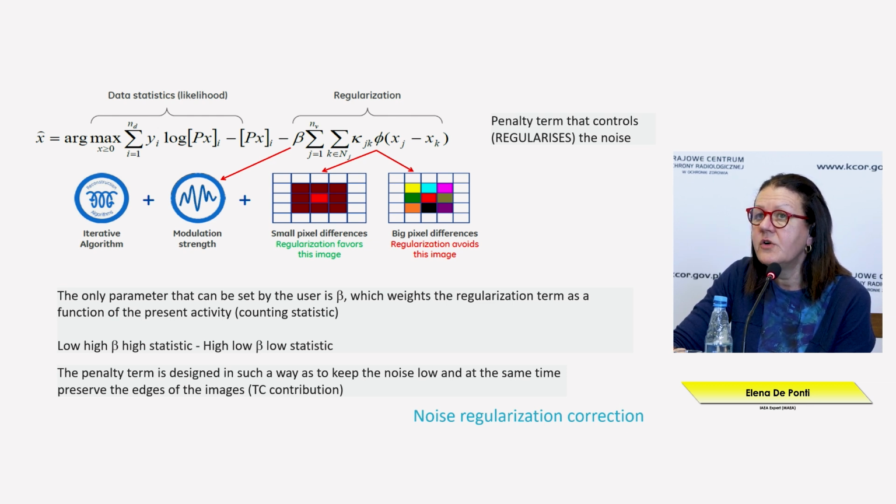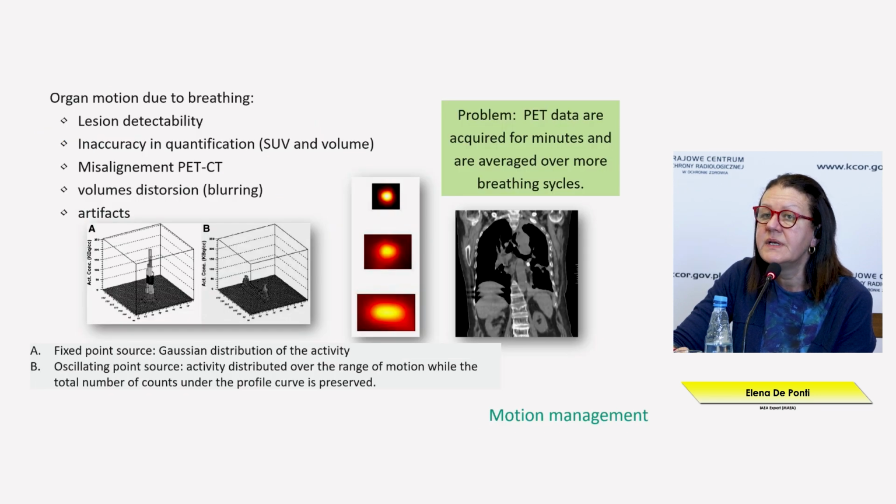So with this kind of correction, we can increase the number of iterations and reach the convergence of the image.